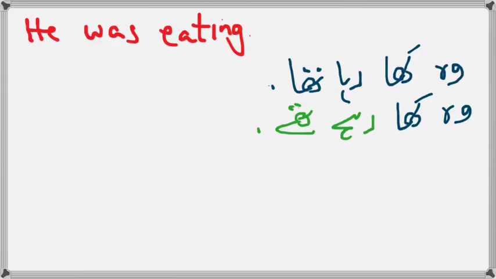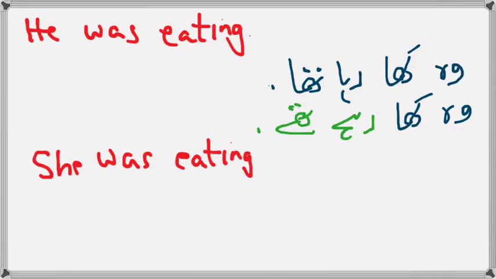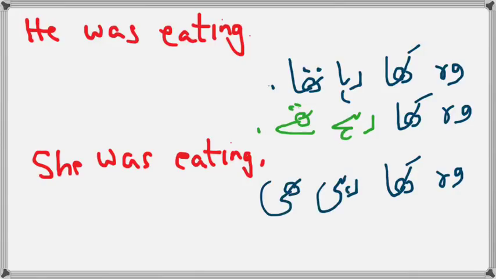And if we want to say she was eating, then we write वो खा रही थी. And to show some respect, वो खा रही थी.